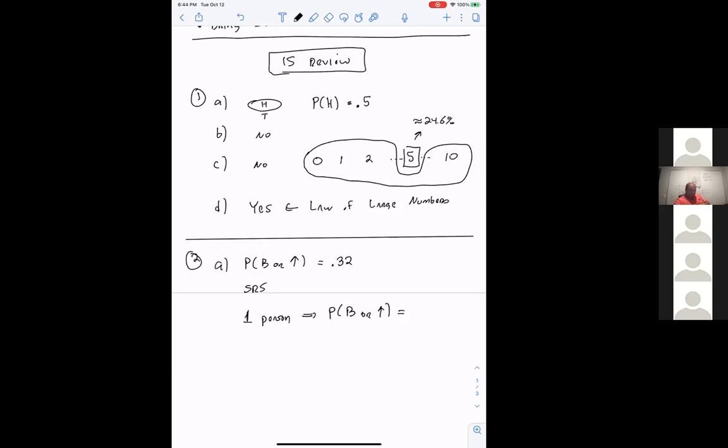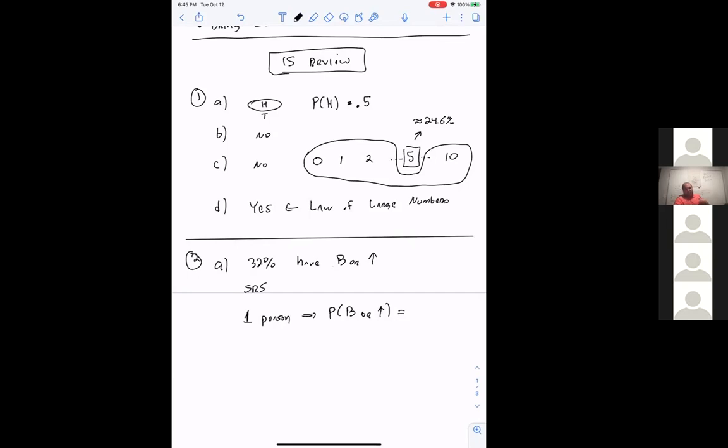This goes for everyone. 32% have a bachelor's degree or higher. If I pick one person, what is the probability that that one person will have a bachelor's degree or higher? 1 over 0.32, I'm guessing. Why 1 over 0.32? First of all, wait, hold on a second.